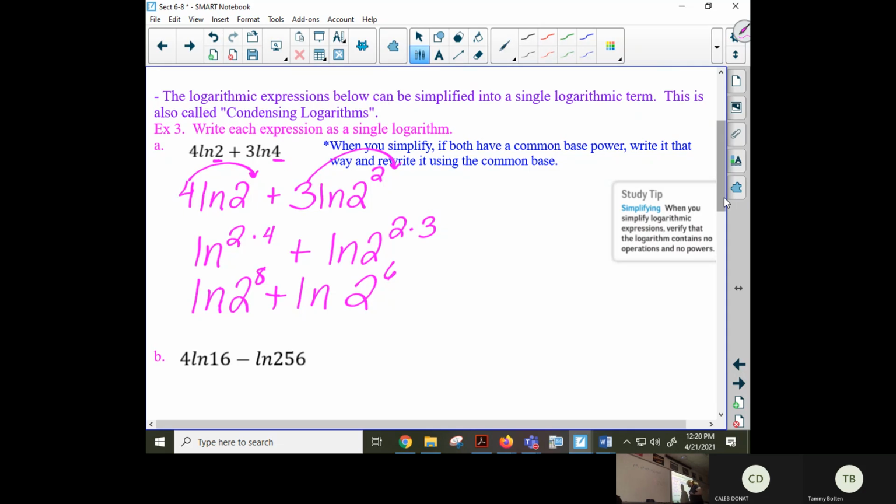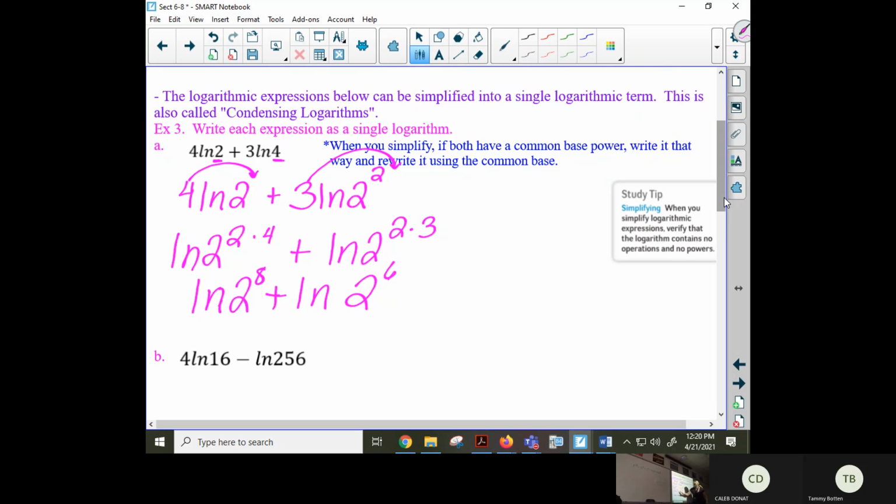Oh, because I forgot the 2 here. Is that what you meant? Yeah, I don't know how I did that, but there is supposed to be a 2 here. Sorry, good question.